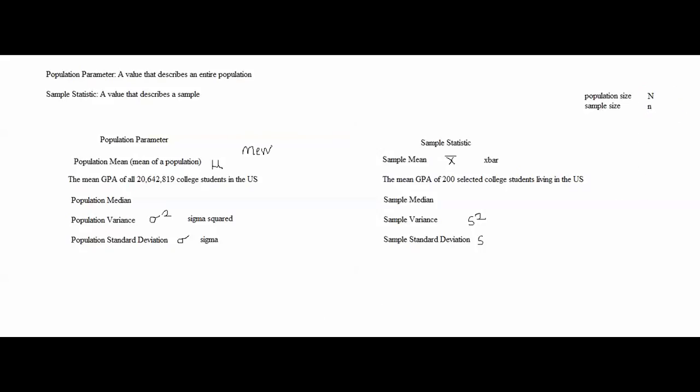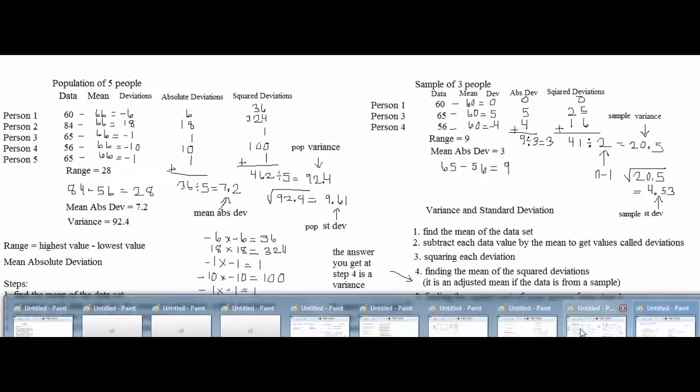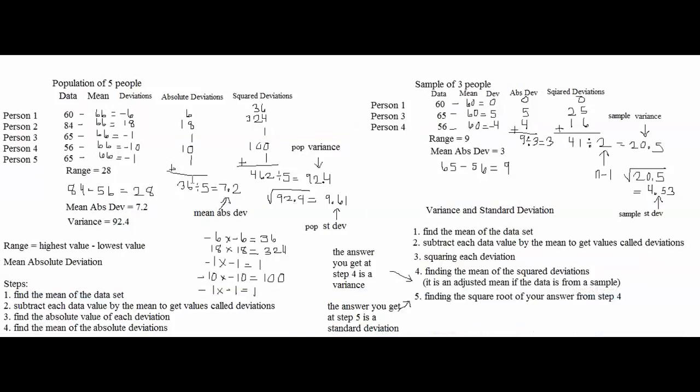And if we wanted to go back to this slide right here, we could use some of those symbols. We said that the mean of the entire population was 66, so it would be mu equals 66. And the mean of the sample came out to 60.33. So over here we could say x bar, the sample mean, equals 60.33.